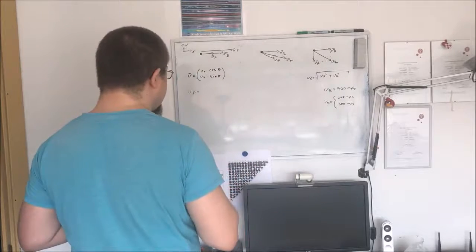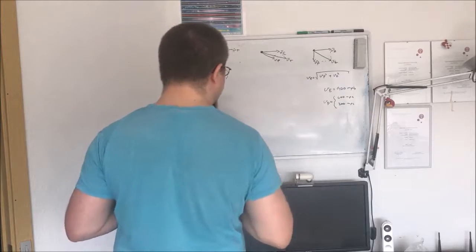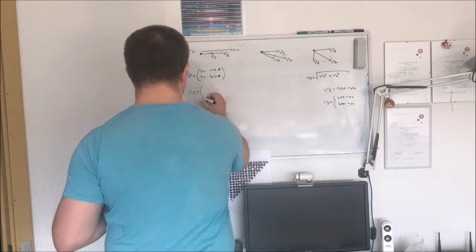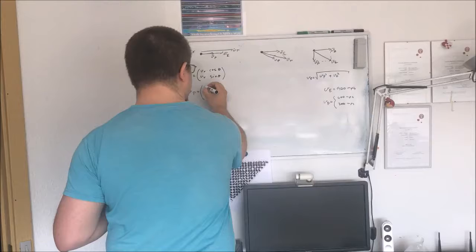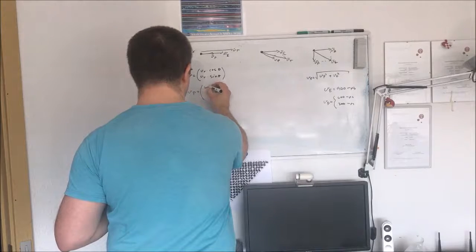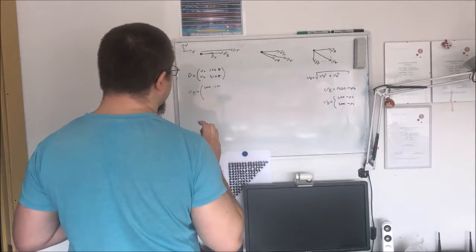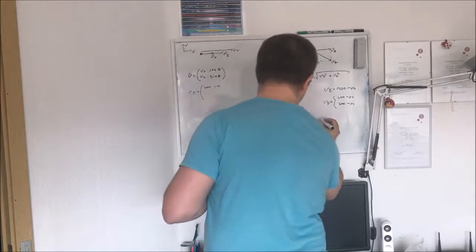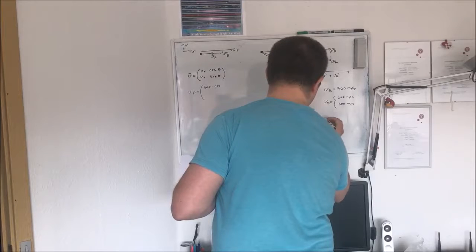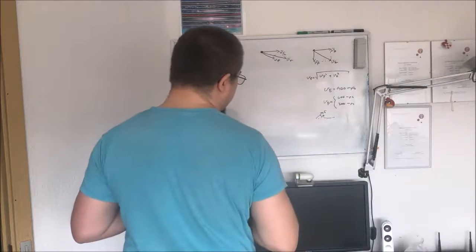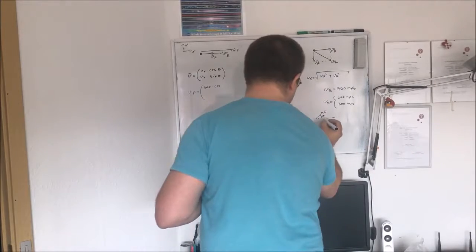Alright, so in this case the velocity of the plane is 600 miles per hour, so we can say that we have 600 times cosine of, let's define the angle such that if you have a vector like this, let's call it A, in this case the angle is positive.